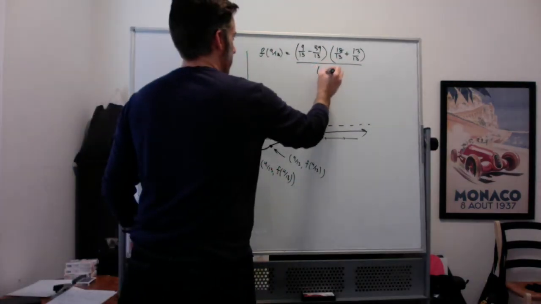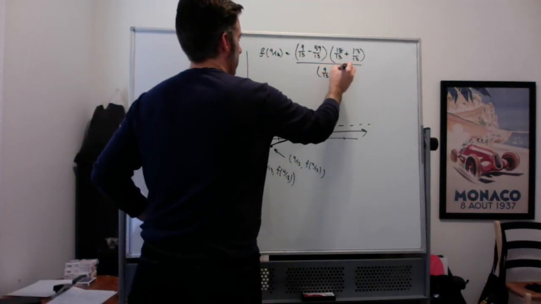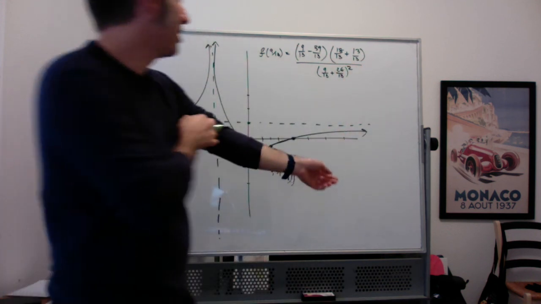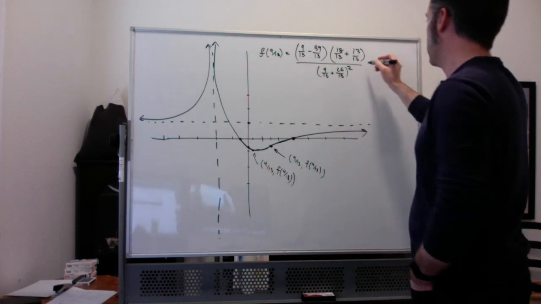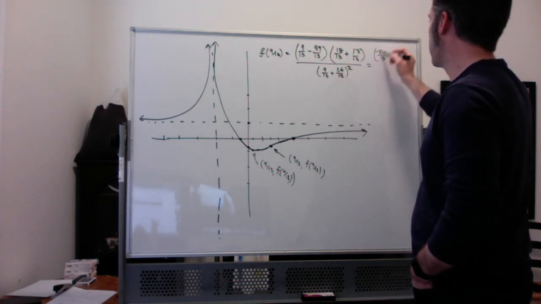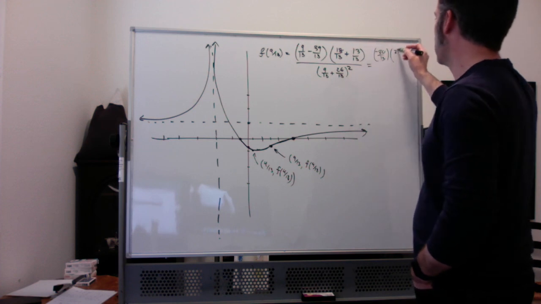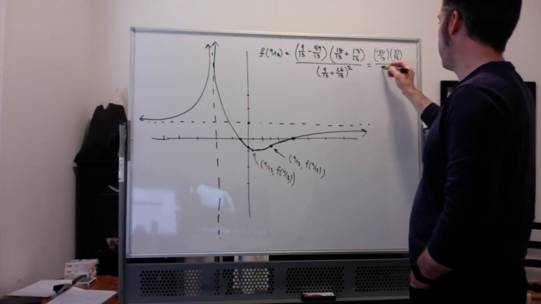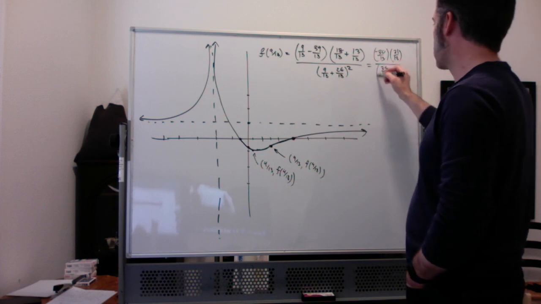So that's going to be 19/13 plus 26/13 squared. Again, this is terrible. You could simplify this a little bit if you wanted to. That's -20 over 13 times 51 over 13. And then 19 plus 26 is 45 over 13 squared.